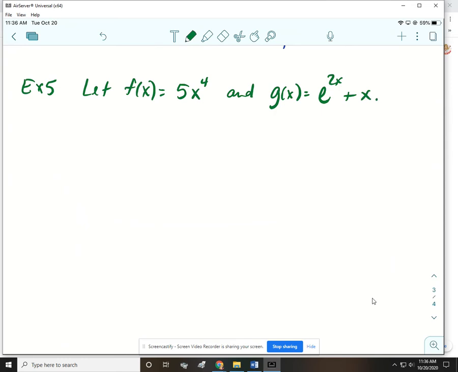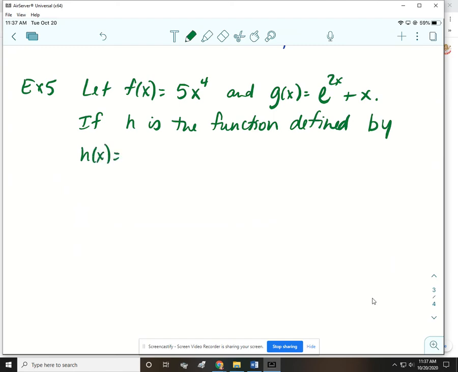All right, so if h is the function defined by h of x equals f of g of x, find h prime of x.